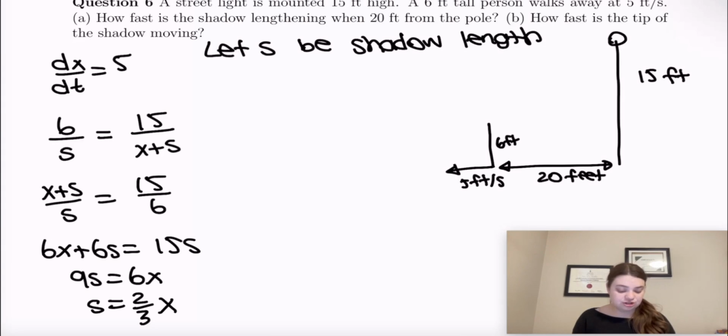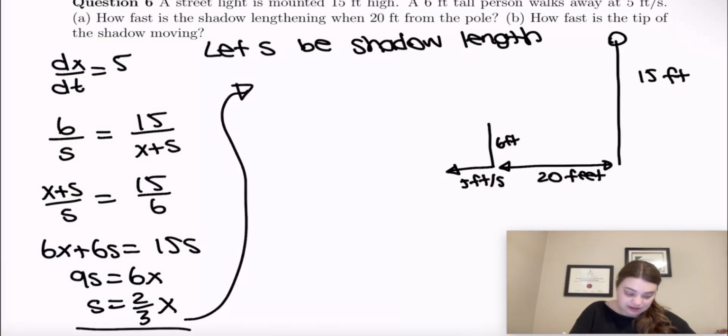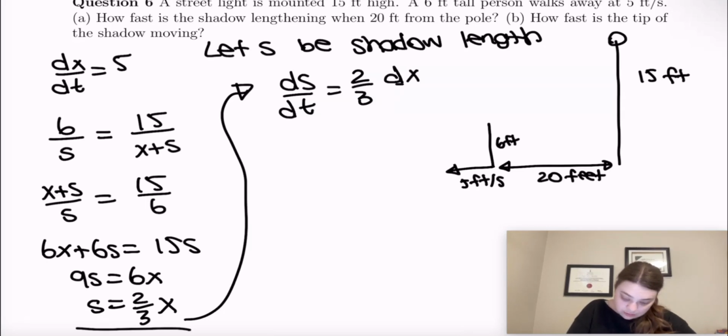Next, I'm going to differentiate both sides with respect to time. So ds over dt is equal to 2/3 times dx over dt, because when we take the derivative of 2/3 x, that becomes just 2/3, via the power rule.